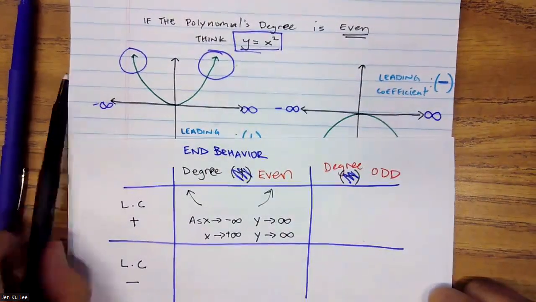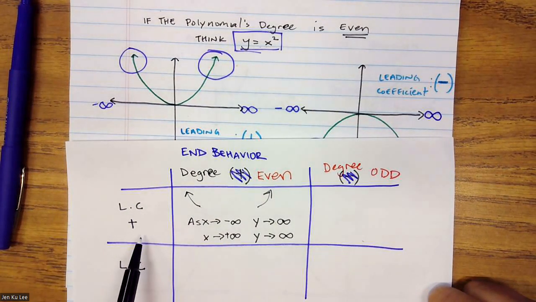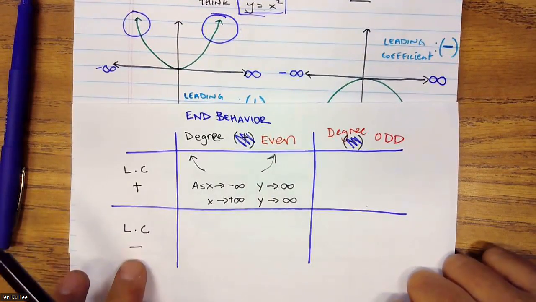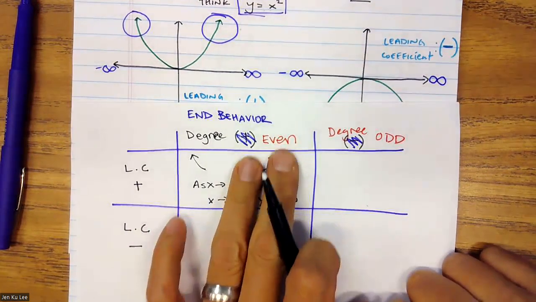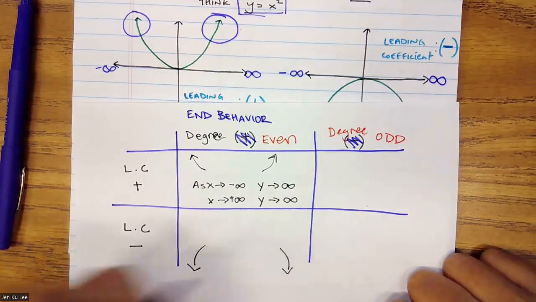Okay? So if your degree is even and your leading coefficient is positive, then it looks like this. If your leading coefficient is negative and your degree is still even, then it looks like this and it looks like this.